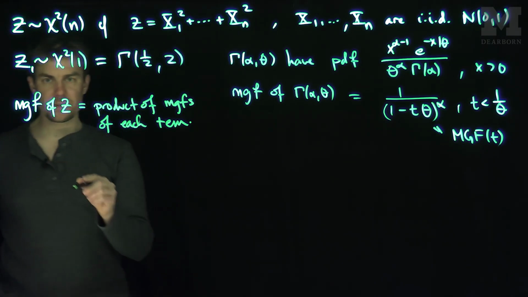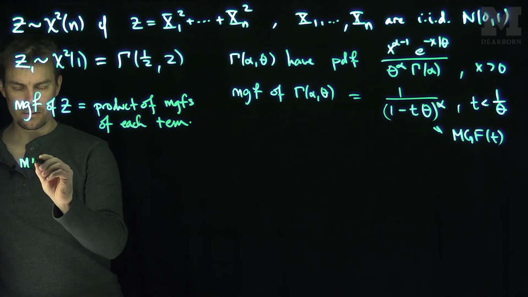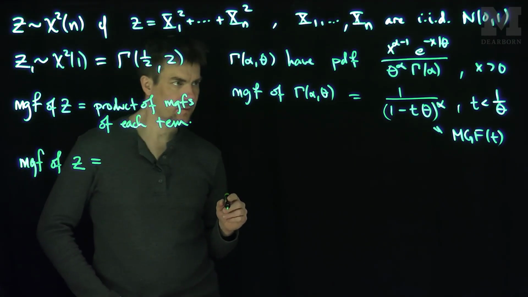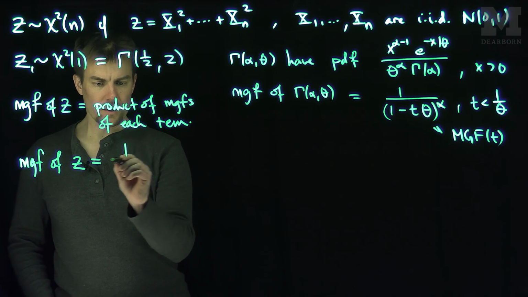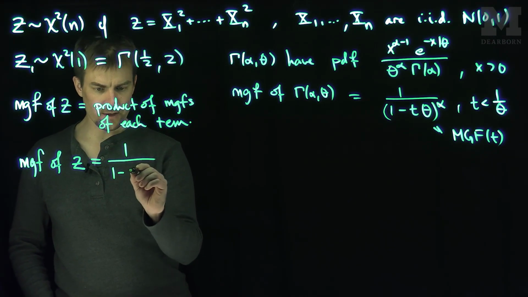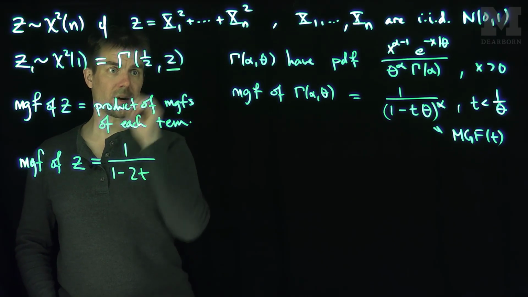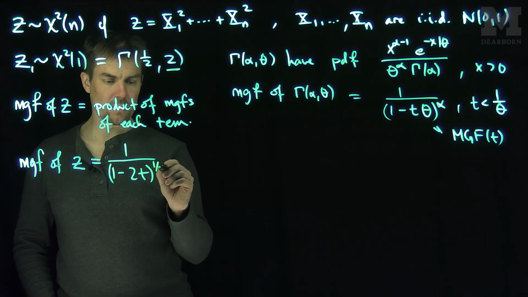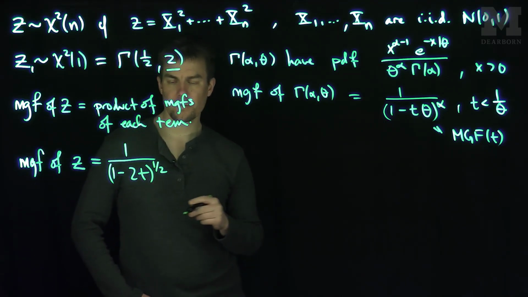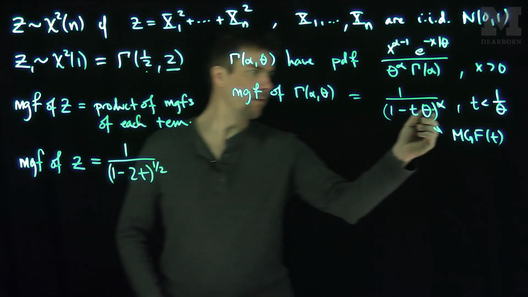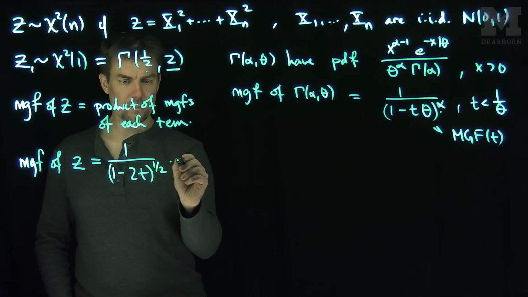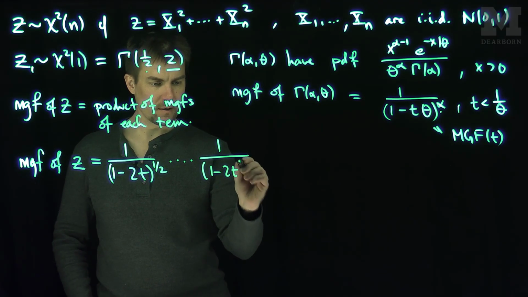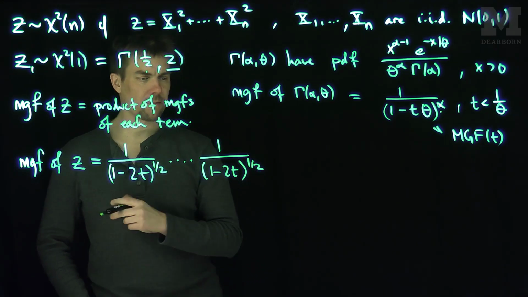So what it tells me is that the MGF is equal to 1 over 1 minus 2t, because my parameter theta was 2 from a previous video, and then I have a 1/2 power in the denominator, because my alpha was 1/2. And I'm going to multiply this by itself exactly n times. 1 minus 2t to the power 1/2.